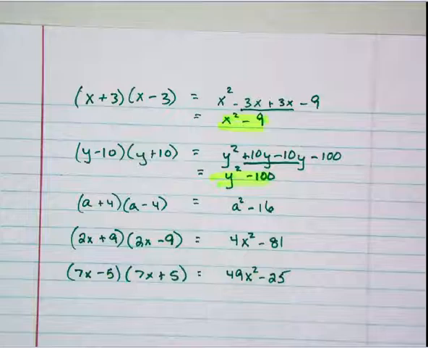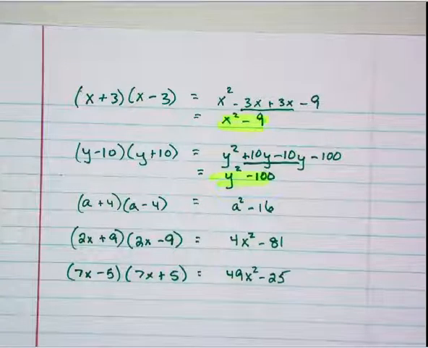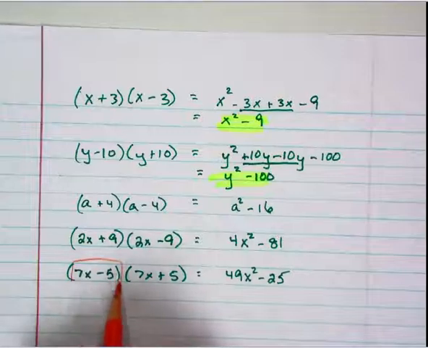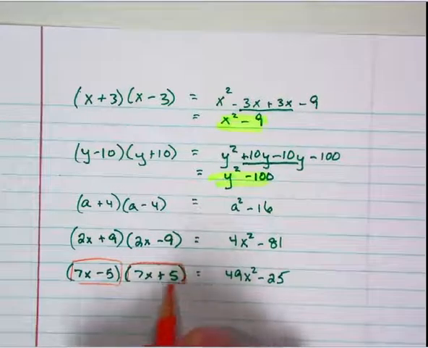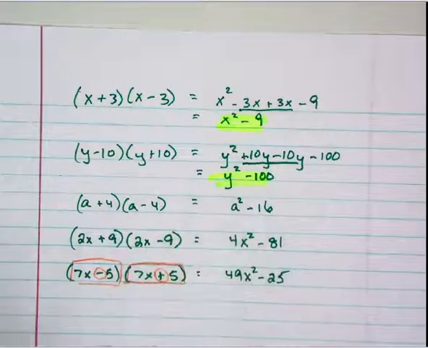There was a special thing that we should have seen back in the original binomials that we were multiplying together. If you notice, these two factors are exactly the same, except one of them is a minus and one of them is a plus.